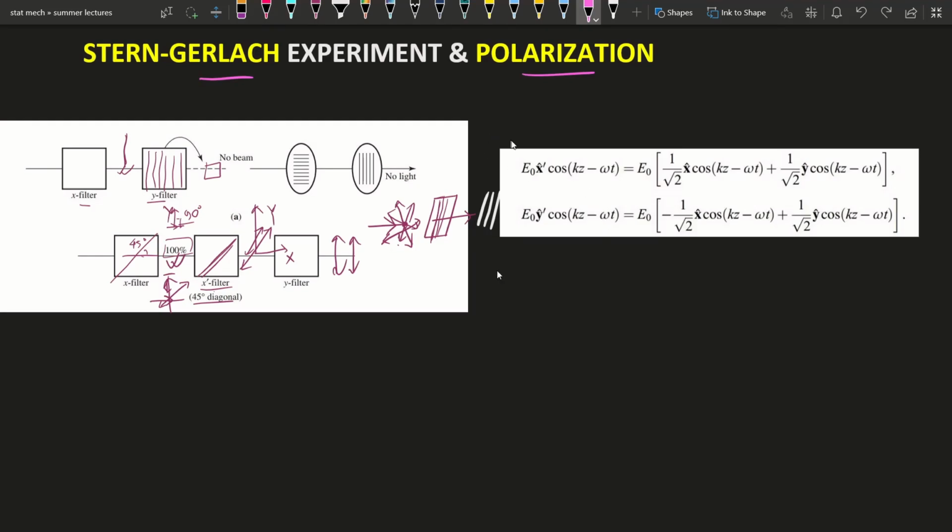You may understand these two results from your concept of electromagnetism: the electric field of any light beam along x dash, meaning the 45 degree diagonal, can be expressed as a linear combination of x component and y component.